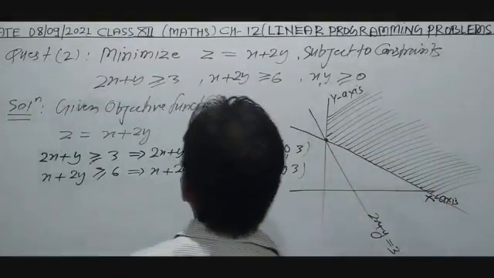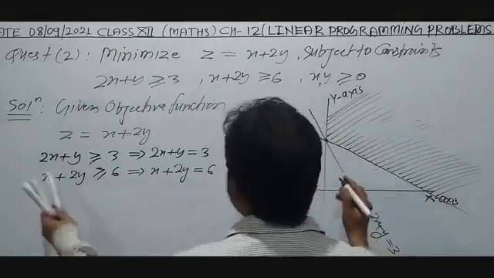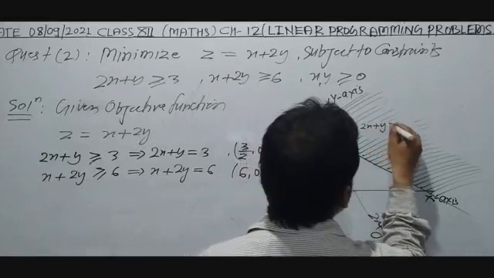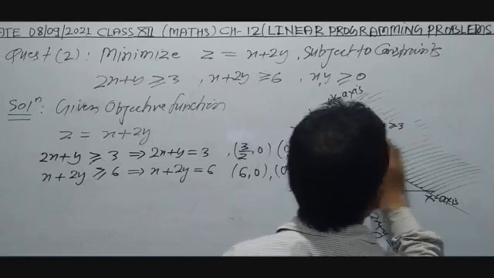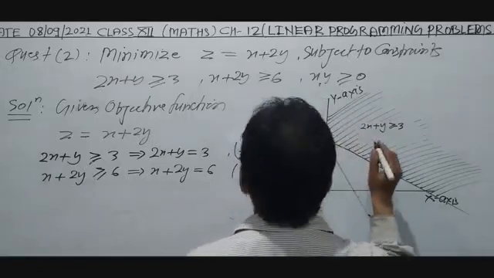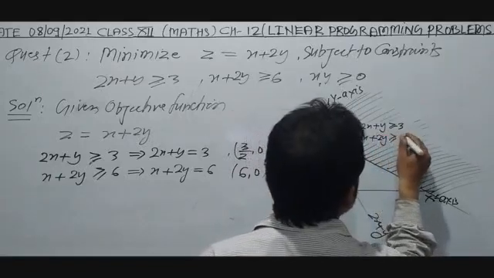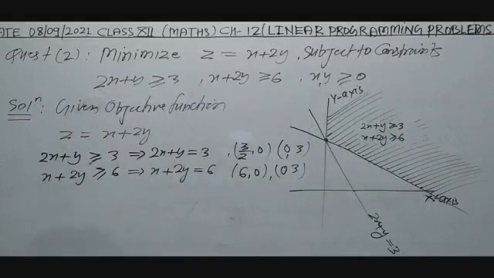Here we can show 2x plus y is greater or equal to 3 and x plus 2y is greater or equal to 6. This is the region.